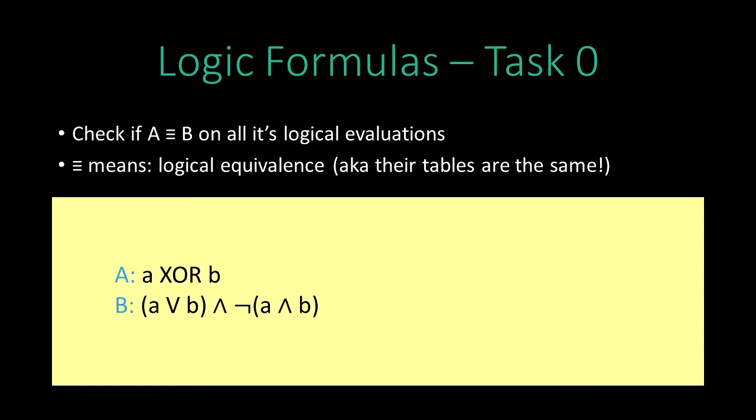What is a bit more interesting is this one, where we are comparing two different logical formulas, and this special sign, three lines equals, means the logical equivalence, and that means their tables are exactly the same. That can be used to test some properties of these operators, as we will see later. But let's start with task 1, and this one I will do with you.